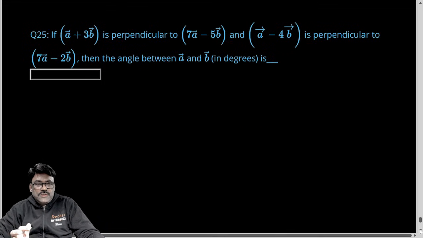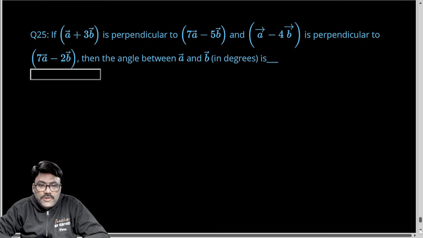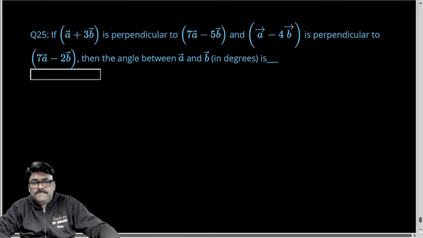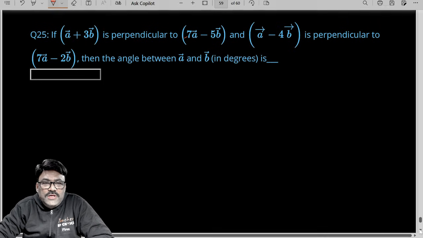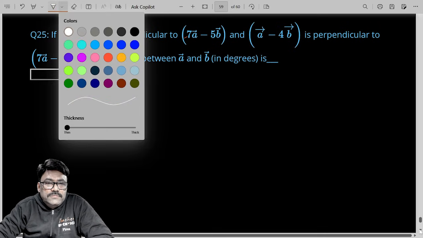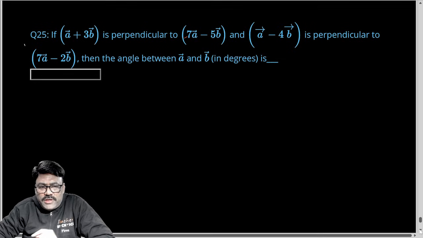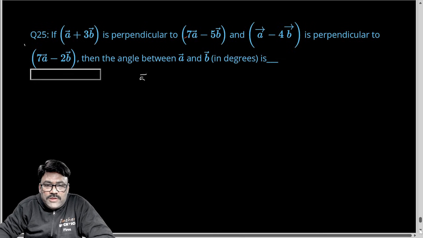Okay, see this question now. This is from vectors. You are given that a plus 3b is perpendicular to 7a minus 5b, while a minus 4b is perpendicular to 7a minus 2b. You know that if two vectors are perpendicular, their dot product is 0.